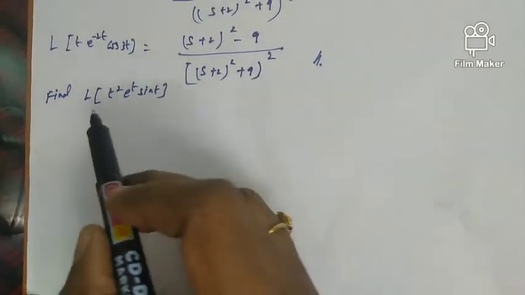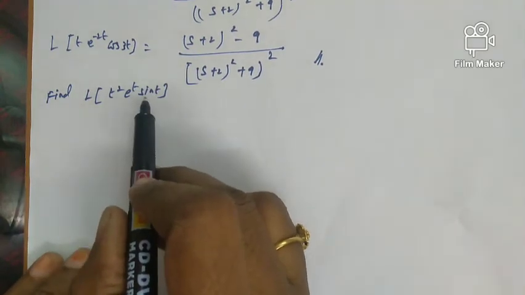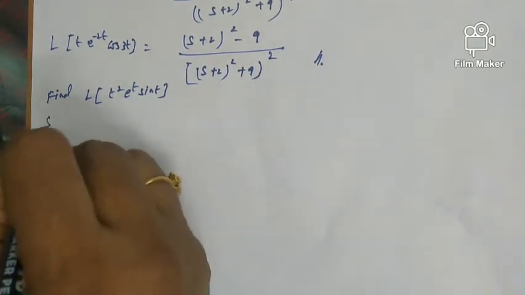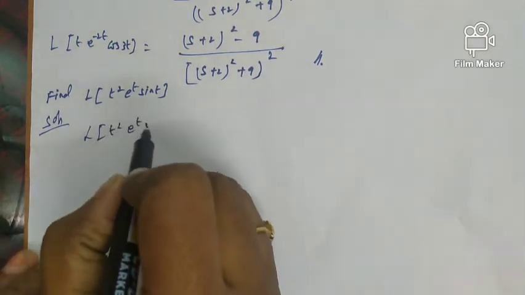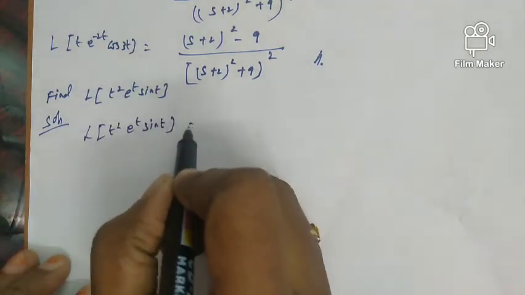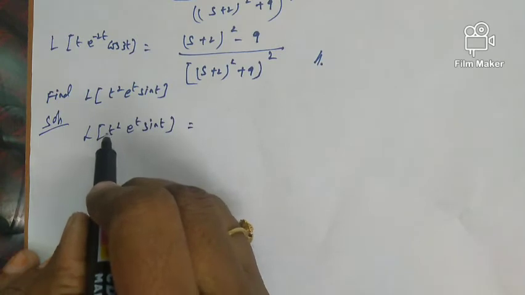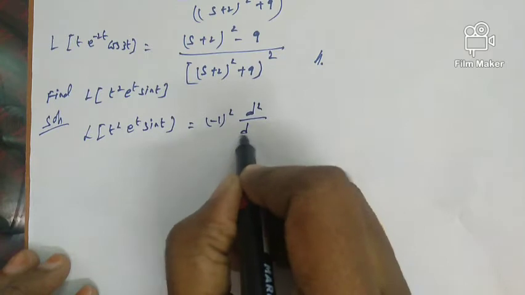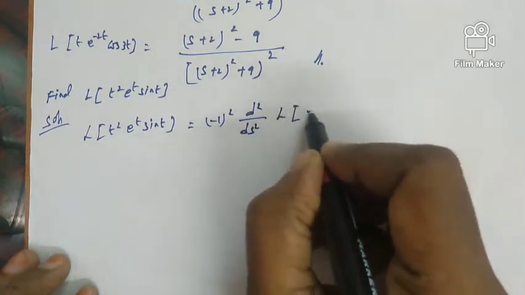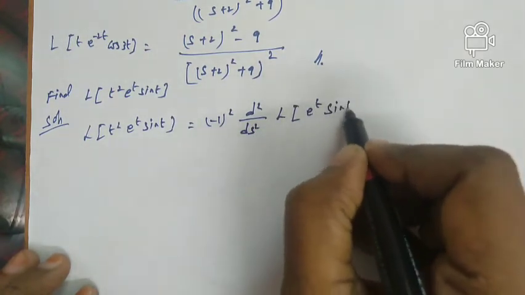Now look at the next question. Find L of t square e power t sin 3t. So the solution is L of t square e power t sin t, that is equal to, t square means what? Minus 1 square d square by ds square L of e power t sin t.